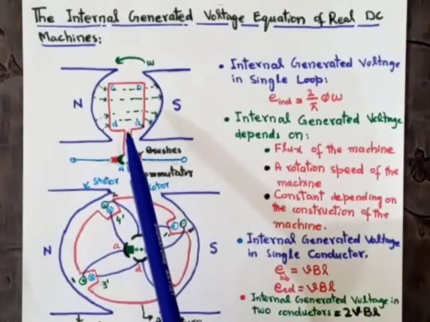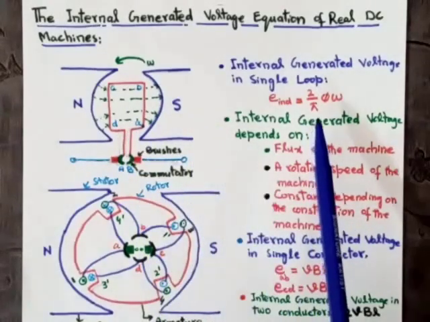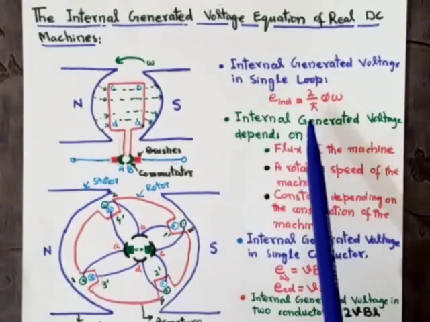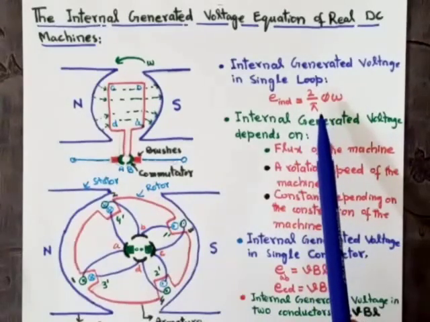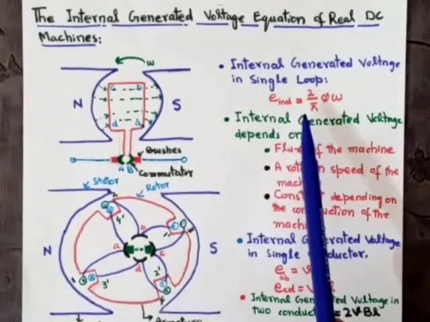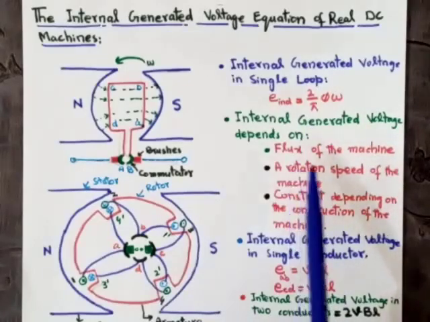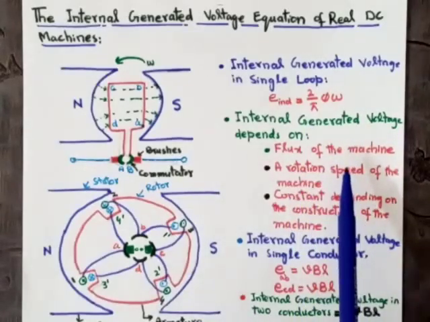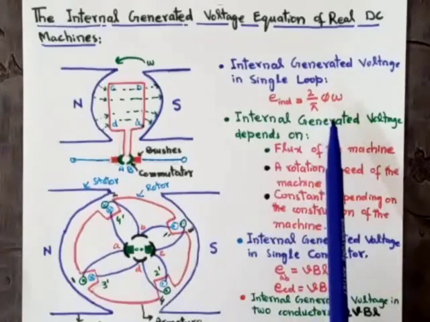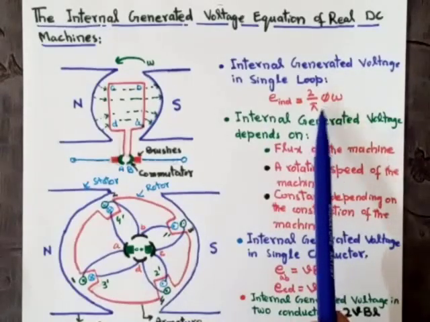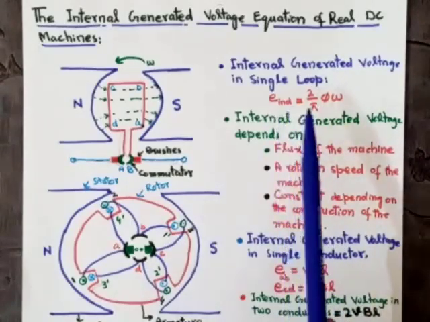There are 3 main factors on which the DC machine's voltage depends. As you can see in this figure, the first one is the flux of the machine. As you can see in this equation, the relationship between flux and induced voltage is directly proportional.